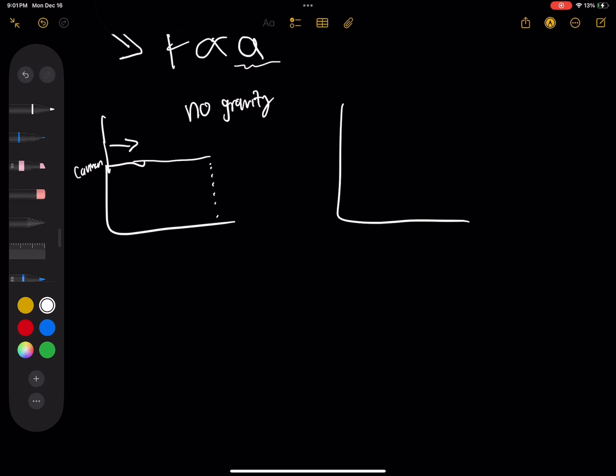So if we had the same object with gravity, right? Let's pick a weird point and call it point mu, because I can do that. It's my video. This is point mu. Same point, and you're just going to see that the up and down is what is affected by gravity.